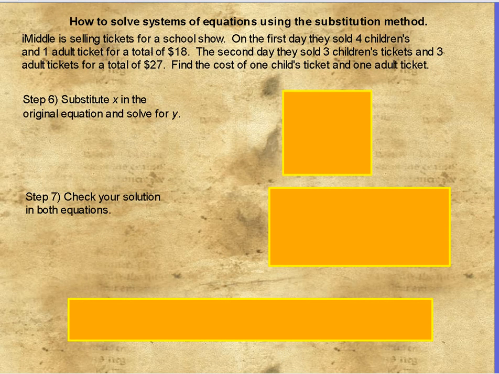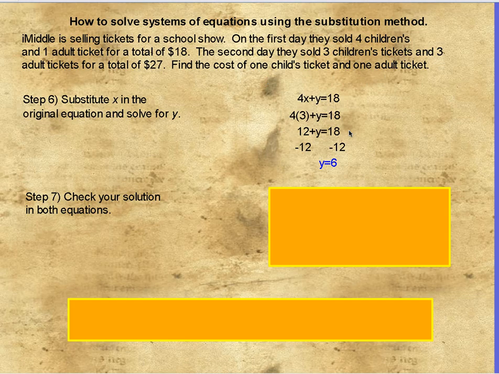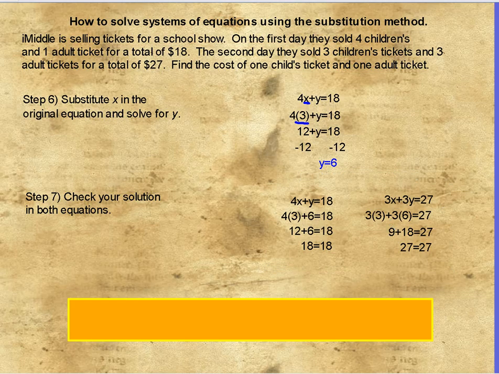Now, since we have the value for x, we need to substitute x in the original equation and solve for y. Substituting x equals 3, we get y is equal to 6. Now we need to check our solution in both equations. Recall that x is equal to 3, y is equal to 6.